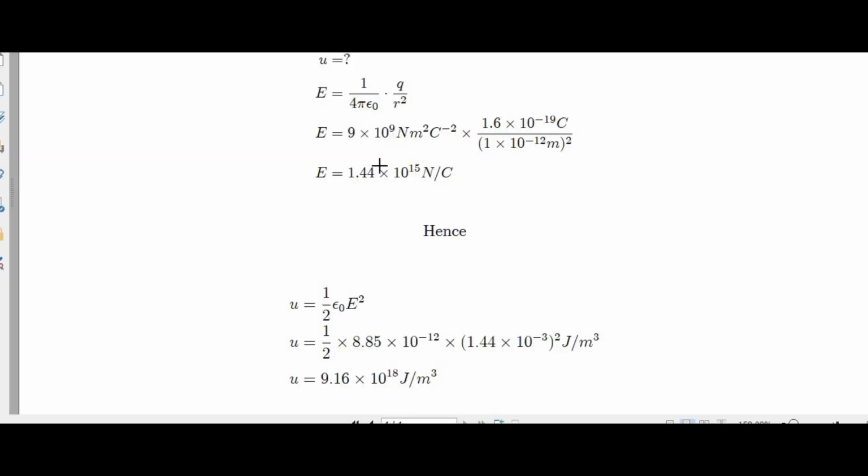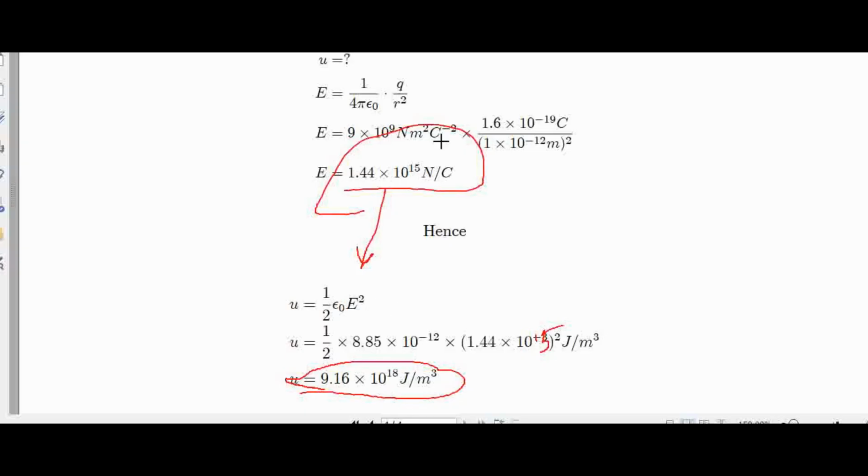So now u comes out to be, this is 15, sorry, this should be 15. So the answer comes out to be 9.16 × 10¹⁸ joule per meter cube. So the energy density at a distance of 1 picometer will be 9.16 × 10¹⁸ joule per meter cube.